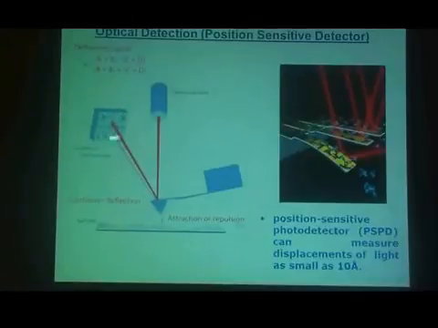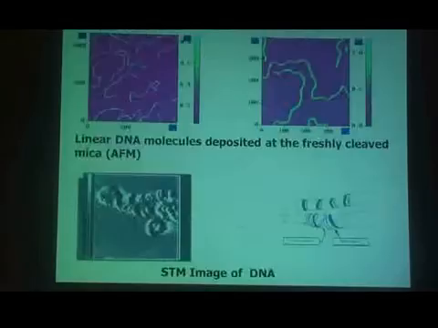The importance of this is that you can accurately measure, in terms of voltage or current. For example, if the spot is falling in this region, the voltage will be 0, whereas if it is falling here, the voltage could be like 1 volt, or plus 2 volts. So depending upon this signal, that is where the laser spot falls, you can measure the movement of the tip with an accuracy of a few angstroms. The displacement can be measured as small as 10 angstroms.